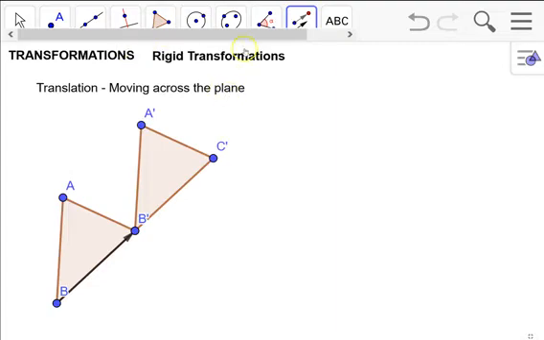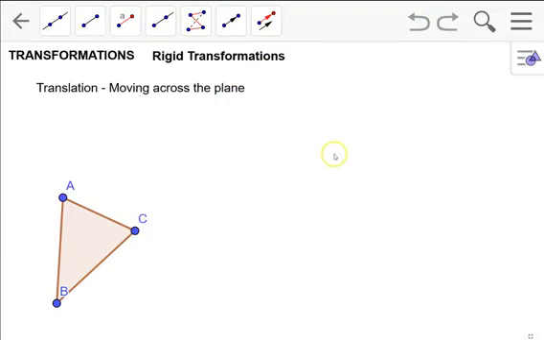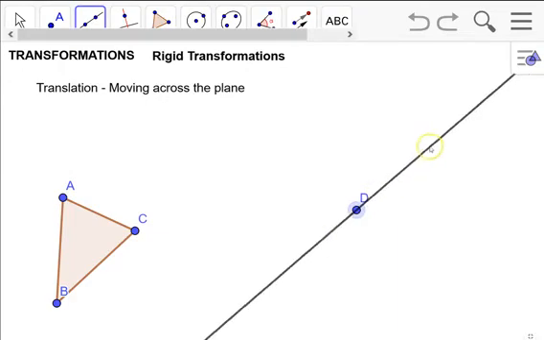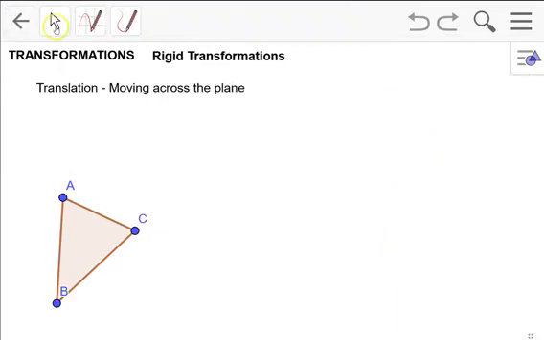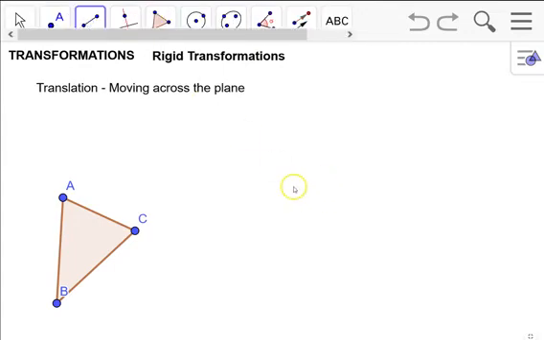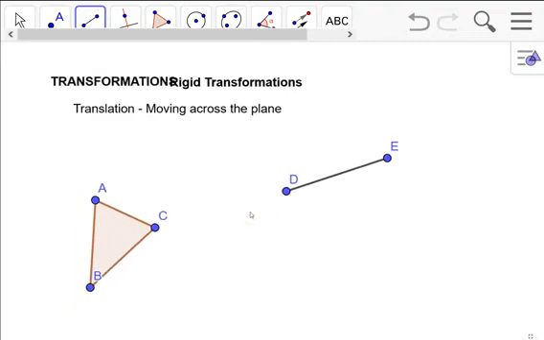Now, another thing that you will notice later on in some activities is that I could have a line segment that is, say, over here. Oops, I selected the wrong tool. My apologies. A line segment that is DE. And I could use that as my vector.